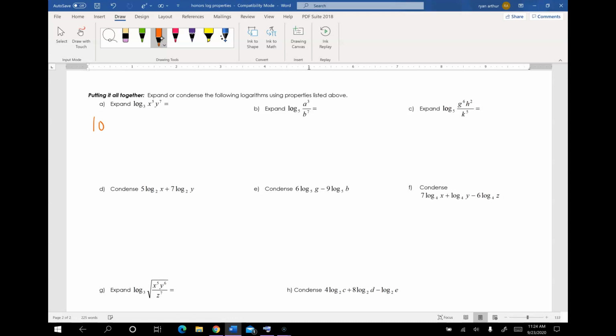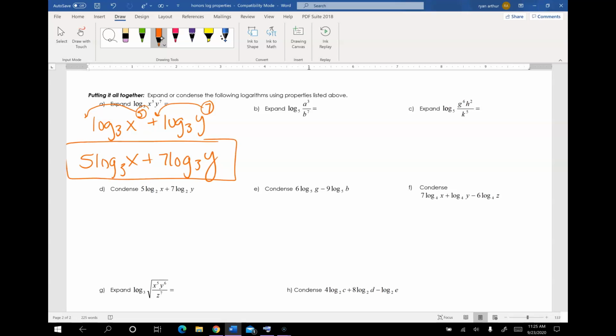And I'm going to have log base 3 of x to the 5th plus log base 3 of y to the 7th. I have exponents. When you're expanding, you can't have exponents. So I have to take these exponents and put them up front. So my final answer is 5 log base 3 of x plus 7 log base 3 of y.